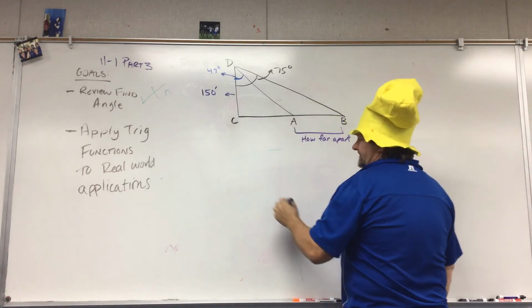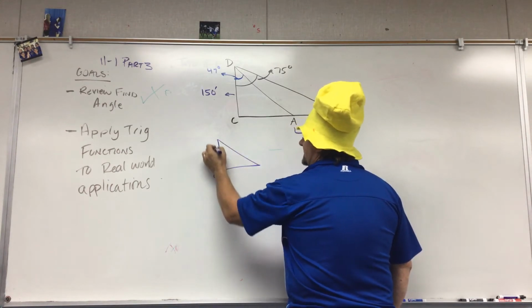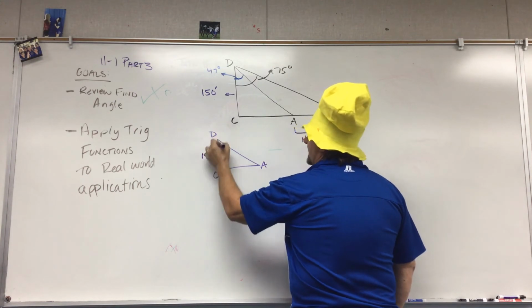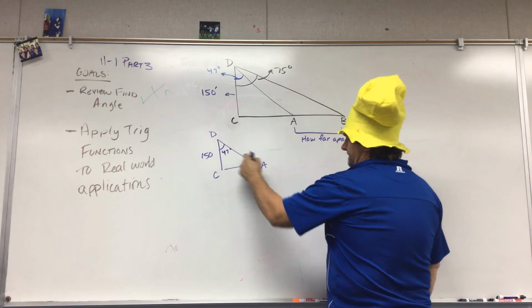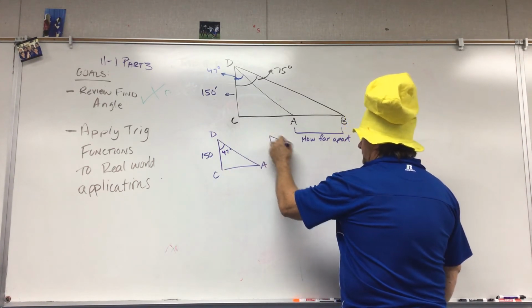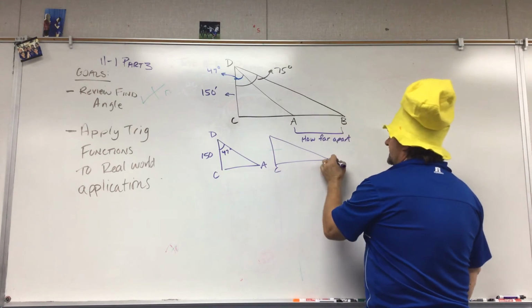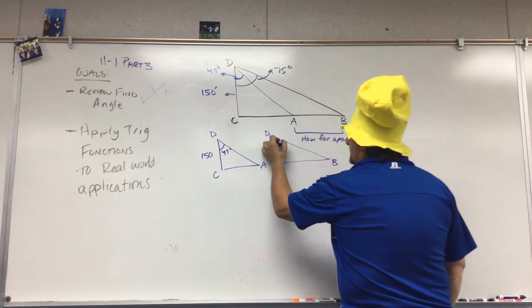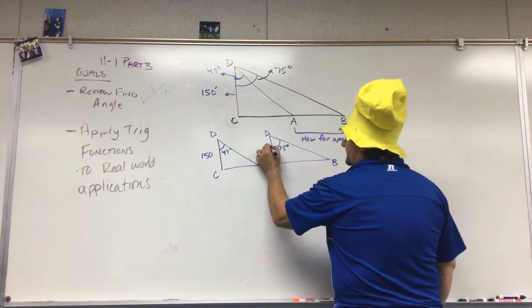You have two triangles here. You have triangle 1, which is C, D, and A, with 150 and 47. So I broke that up. Then you have triangle 2, which is C to B to D. That angle is 75, and its height is 150.